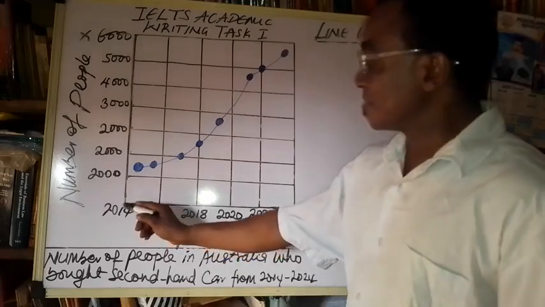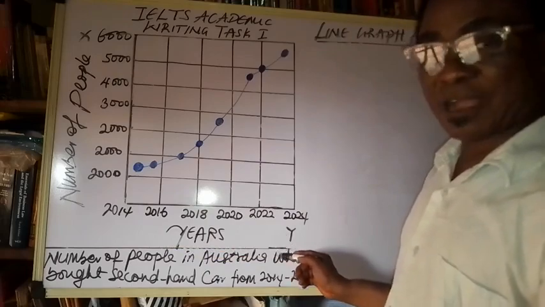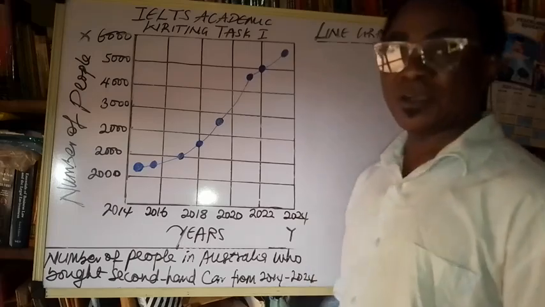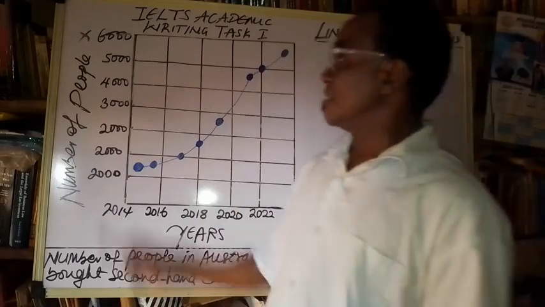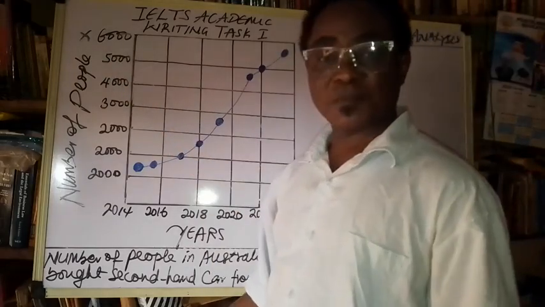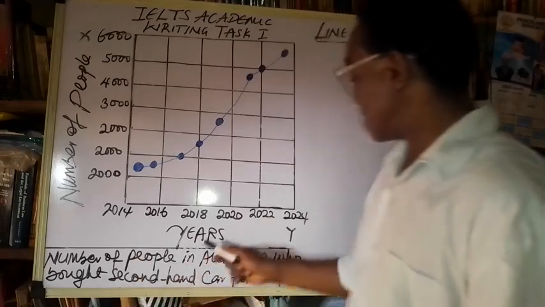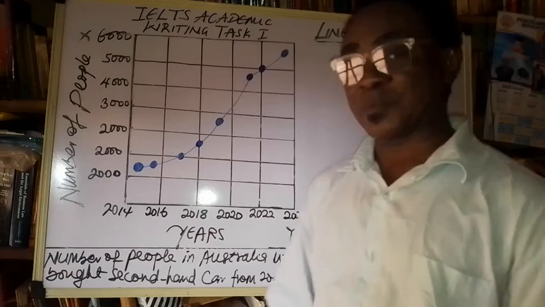Then there is the horizontal axis of the graph represented by the letter Y, and it's called the y-axis or the independent variable. I've already said that the x-axis of the graph represents the dependent variables, while the y-axis of the graph represents the independent variables.